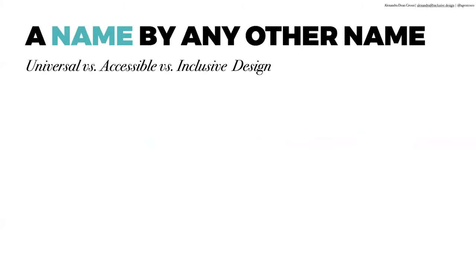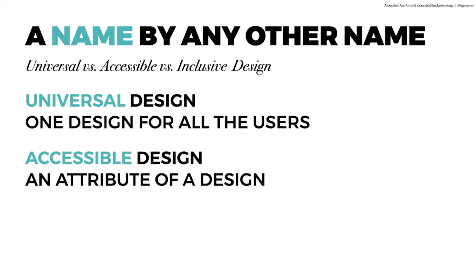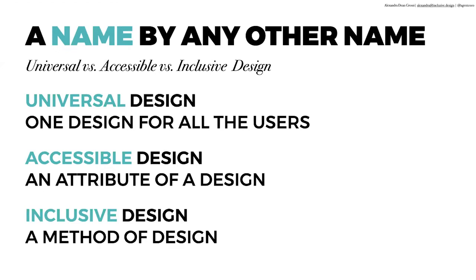There are these different terms that are used interchangeably, but there are subtle differences between them. They're all buzz terms. We have universal design, which is the older term for inclusive design, but the connotation is that there's one design that works for everybody.